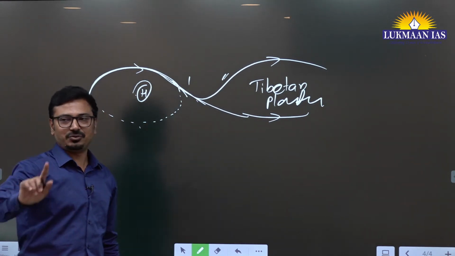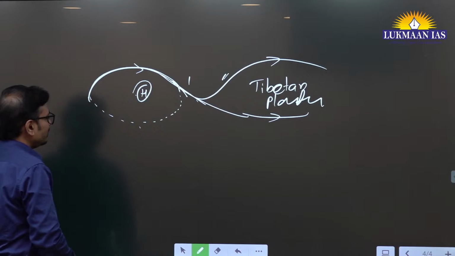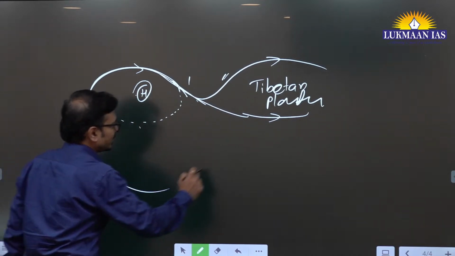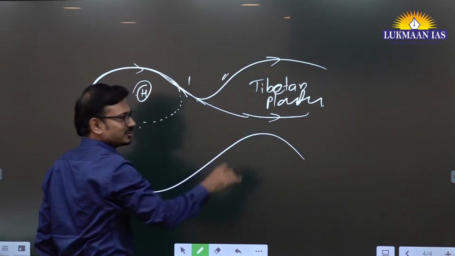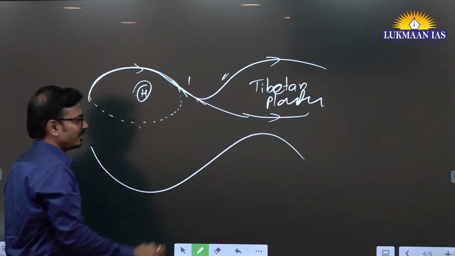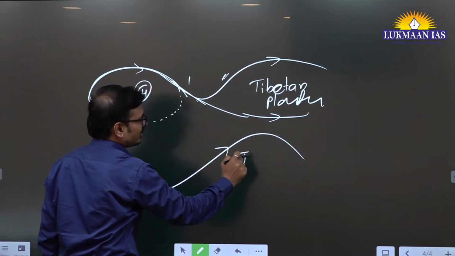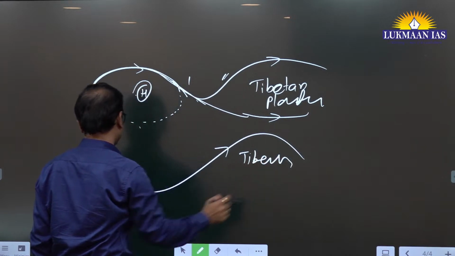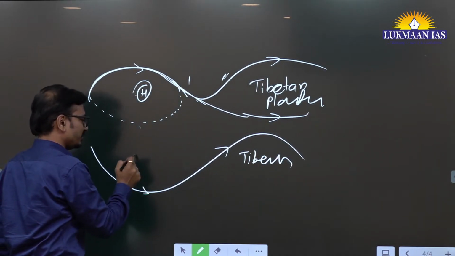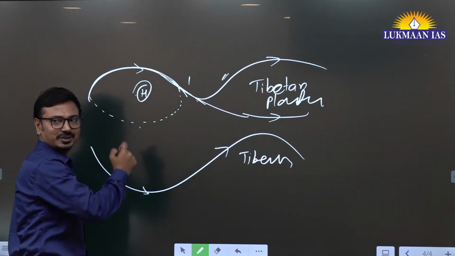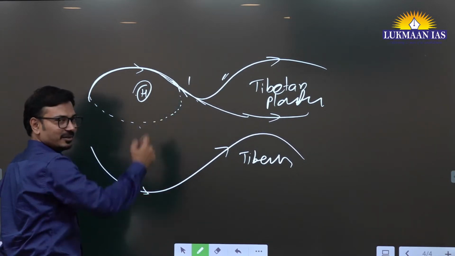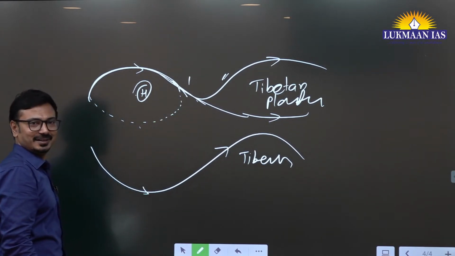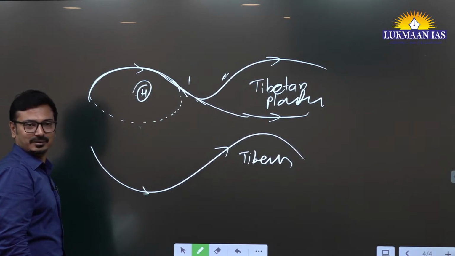Now, what happens in the first week of June? This position is changed like this. Why? Because the southerly branch is shifted to the north. This is the Tibetan Plateau now, and this is the position now. What is this position? This is low pressure or cyclone, we can say.